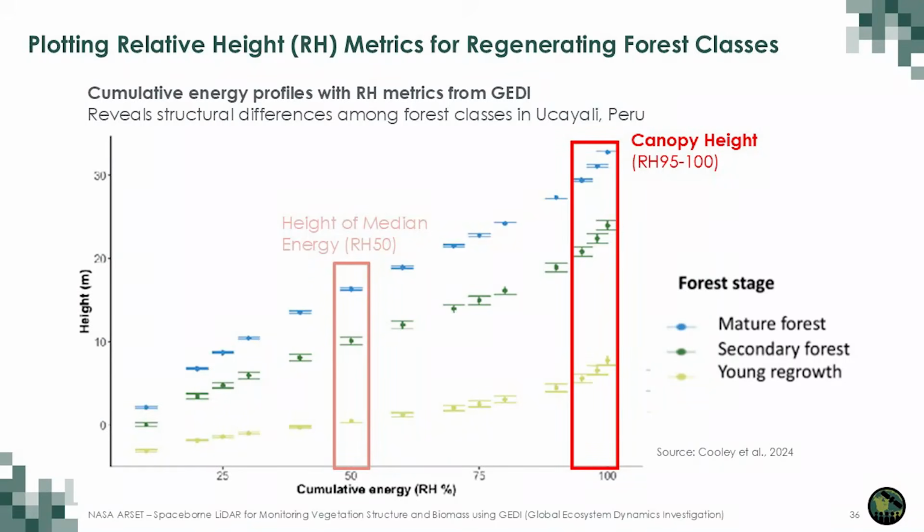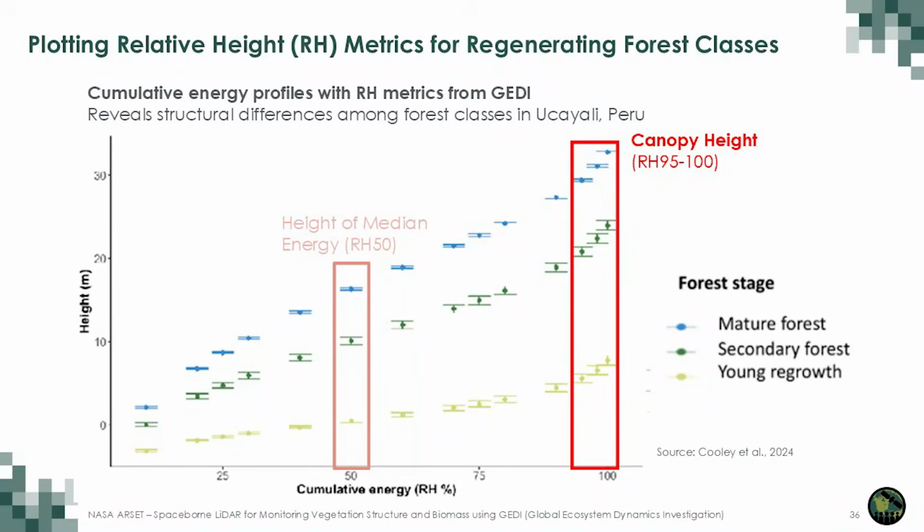We see that mature forests have the highest canopy heights and the lowest variance in canopy height relative to secondary and young vegetation regrowth. And this is pretty consistent across all RH metrics, not just these upper metrics, which correspond to canopy height. Meanwhile, RH50 corresponds to the height of median energy, as we learned in the previous slide.